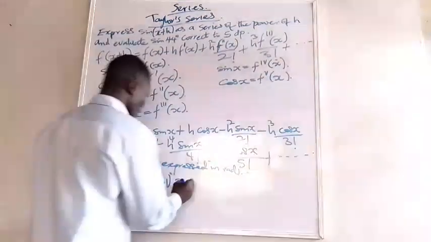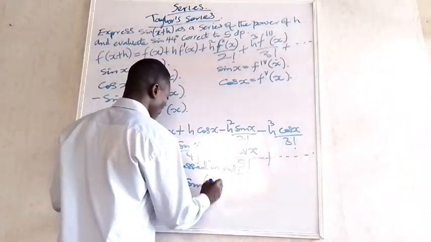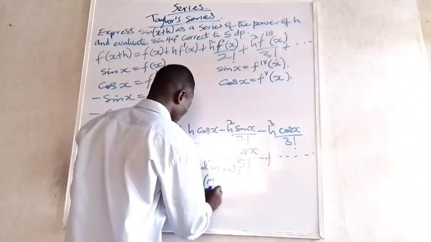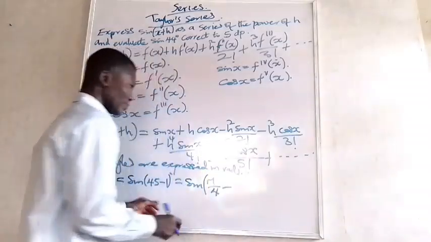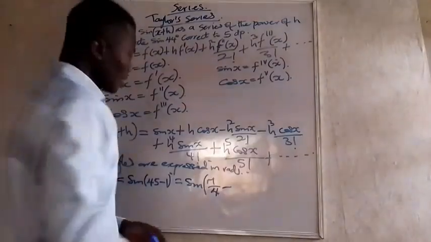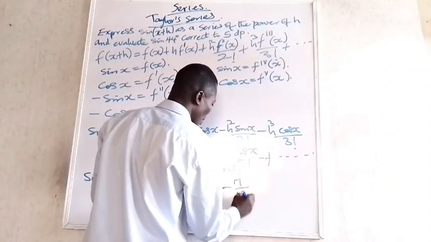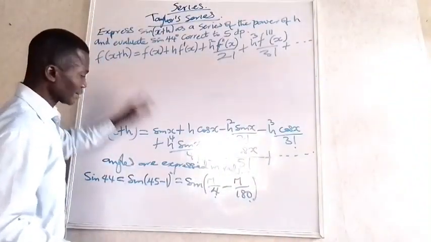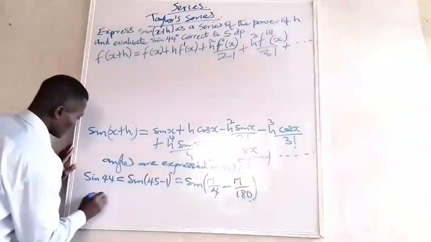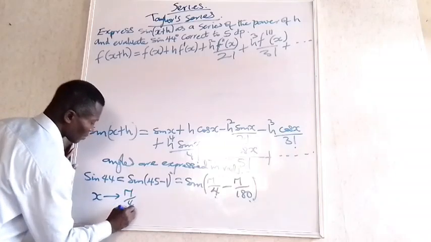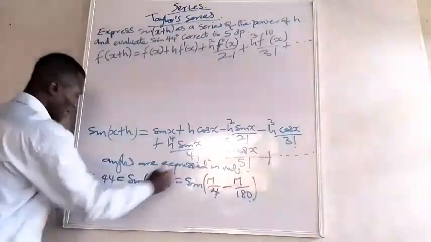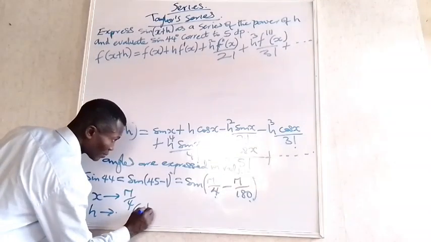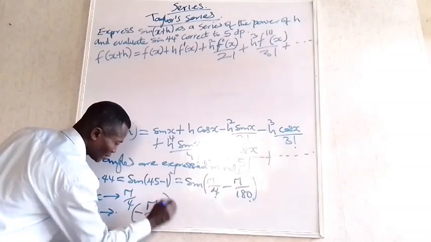So this is going to be sin(pi over 4 minus pi over 180). Looking at the Taylor series now, you can easily conclude that x is pi over 4, while h is minus pi over 180 rad.